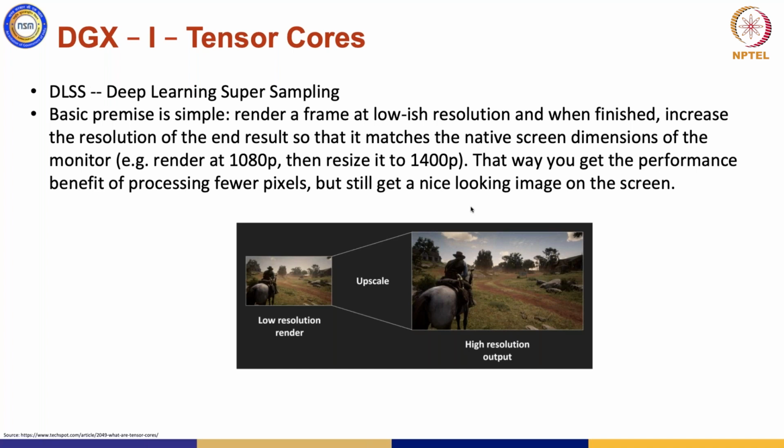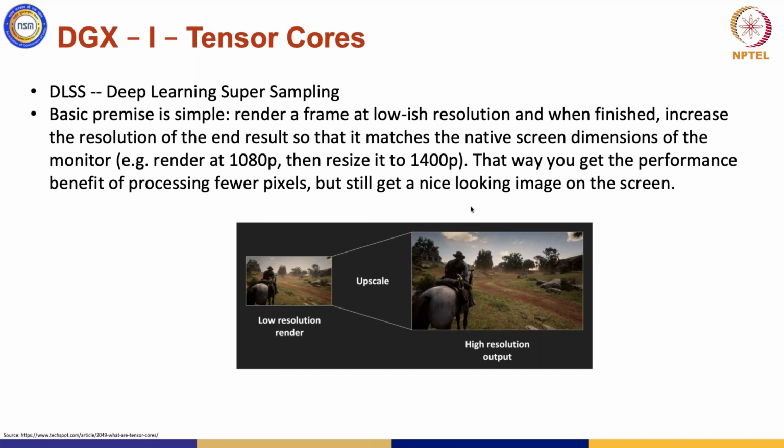Here there is an application of a sampling technique, called deep learning super sampling. What people have tried to do is render a frame at a very low resolution, and once it is finished, you increase the resolution so that it matches the screen dimensions of the monitor.